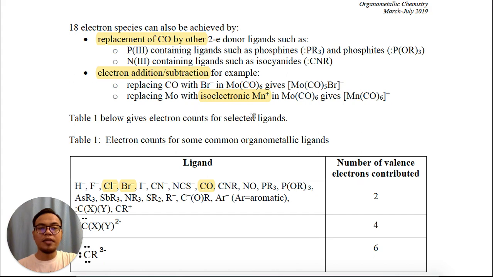So for molybdenum, it's column 6 and manganese column 7. So isoelectronic means they have the same number of electrons. So for Mn to be isoelectronic with Mo, it should be plus here. So you have to minus 1 electron. So you're going to get a stable configuration.